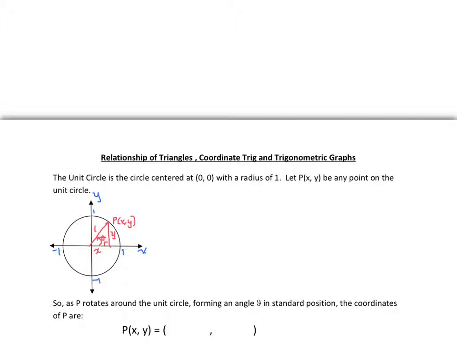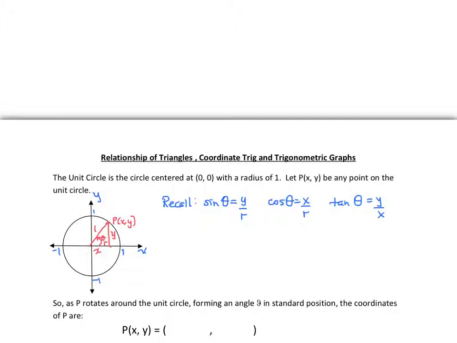However, what we do know from before, so let's say recall, is that sine theta is equal to y over r, cos theta is equal to x over r, and tan theta is equal to y over x.